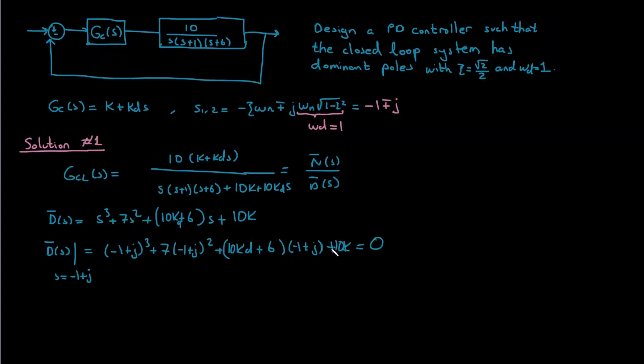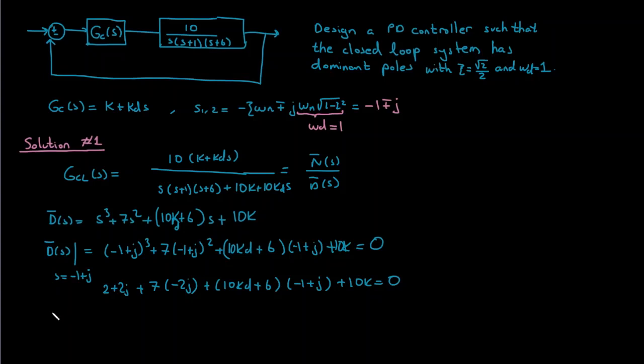I think we are good to go if we continue this way. All right, so that will be equal to 2 plus 2j plus 7 times minus 2j plus (10kd plus 6) times (-1 plus j) plus 10k equals 0.